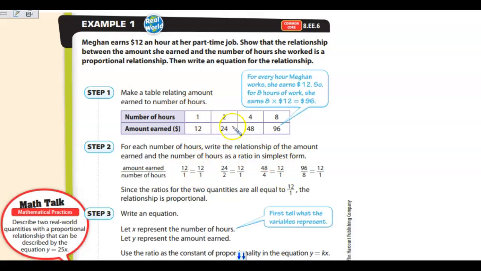We take 24, divide it by 2, and we get 12 over 1. So we've simplified these ratios is what we're doing. Divide this both by 4, we get 12 over 1. Divide this by 8, we get 12 over 1. So because the ratios are all equal to the same amount, the relationship is proven to be proportional.